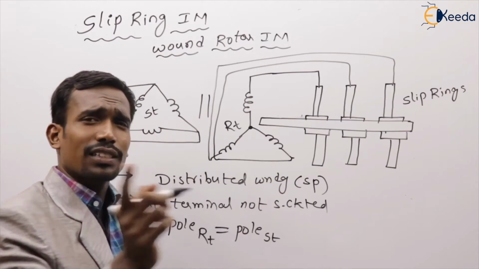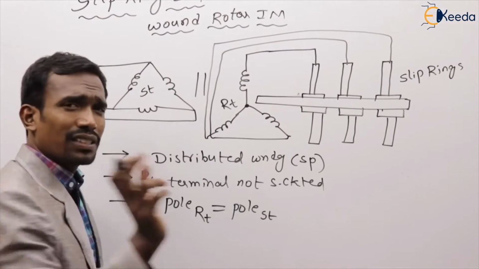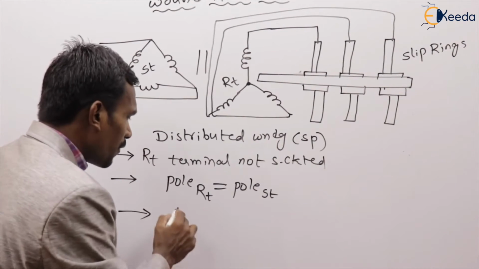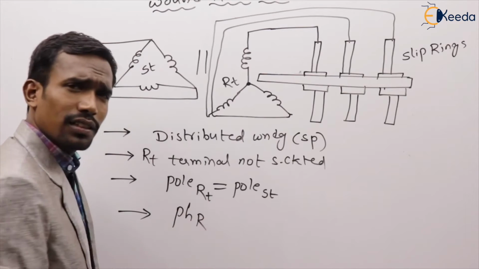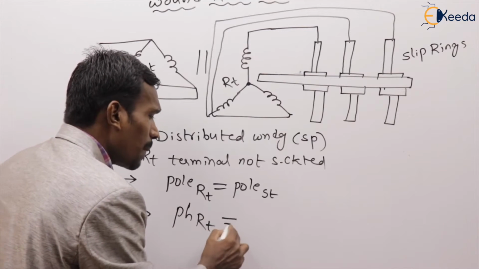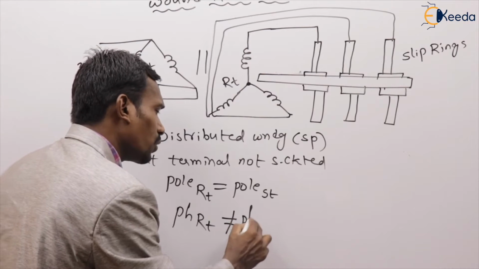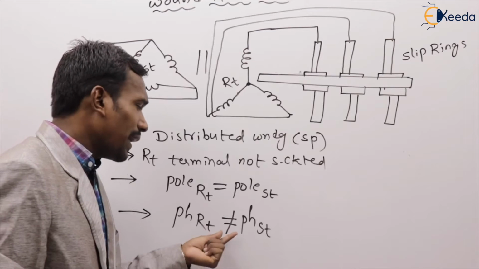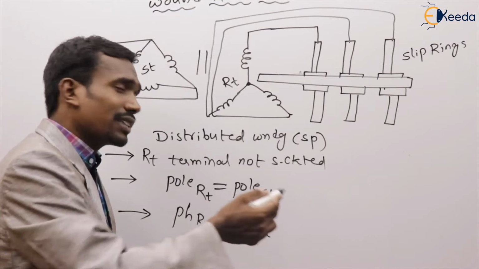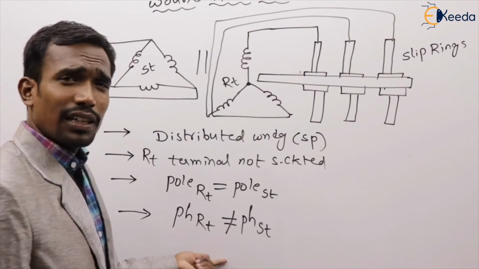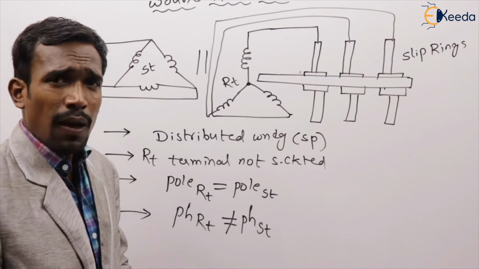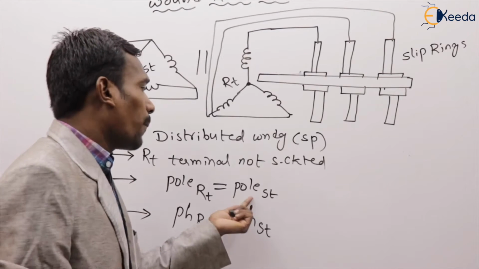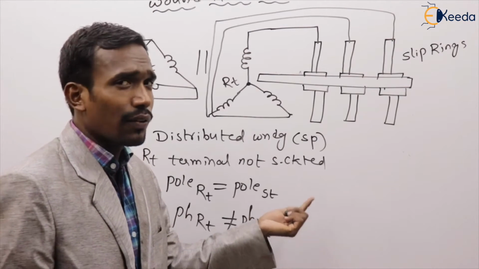But in our induction machine, the phases of the rotor may or may not be equal to the phases of the stator. If the phases are equal or not equal, no problem. But the poles of the rotor must be equal to the poles of the stator.